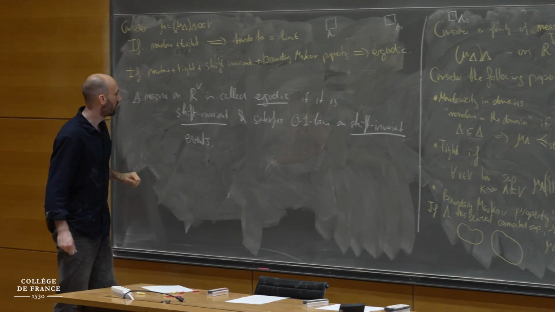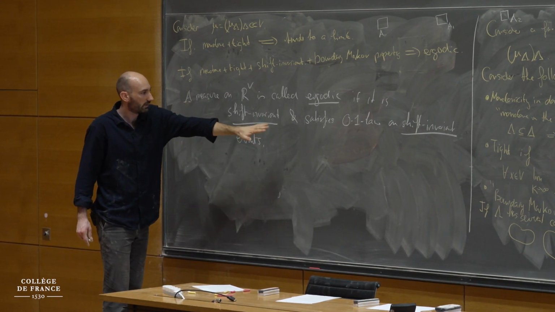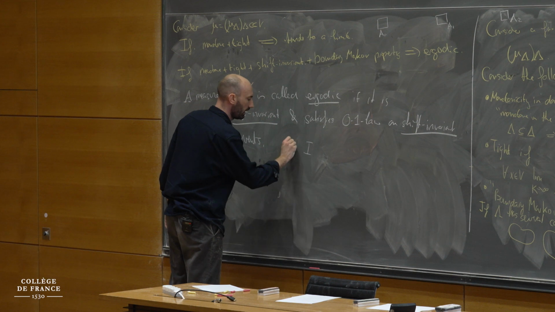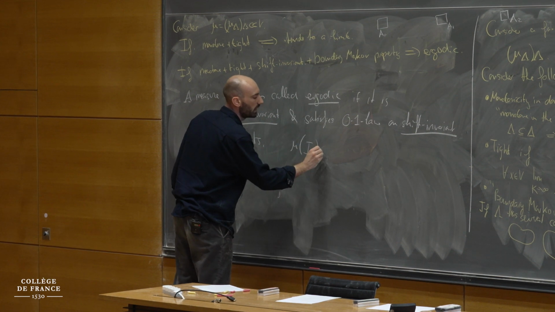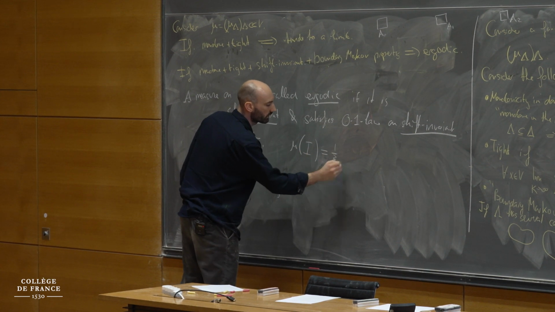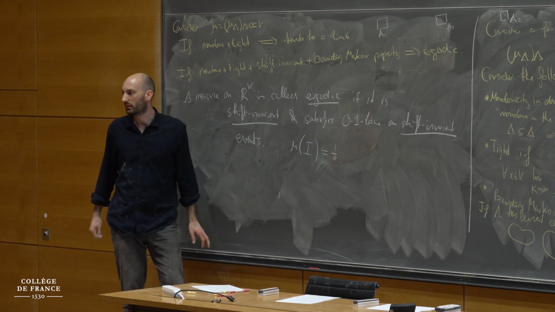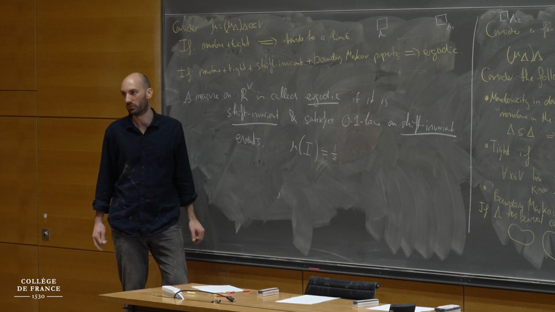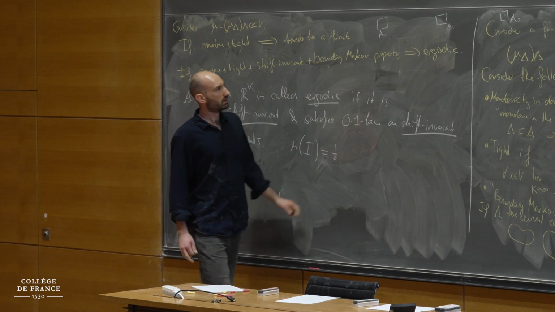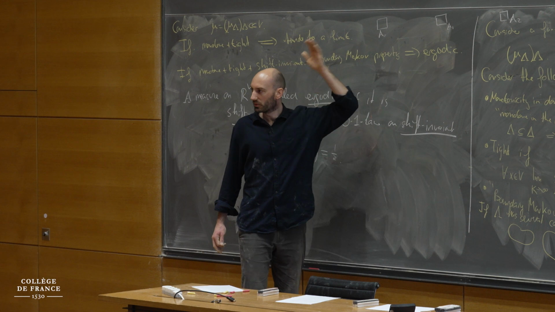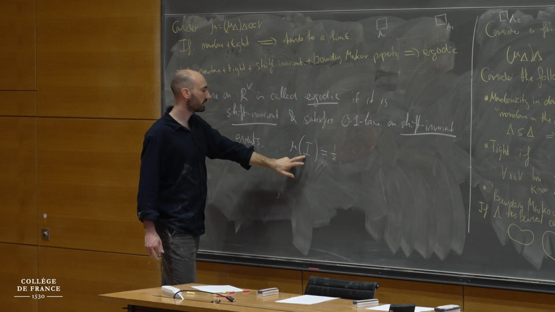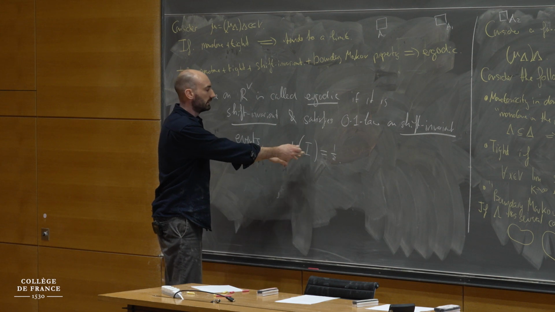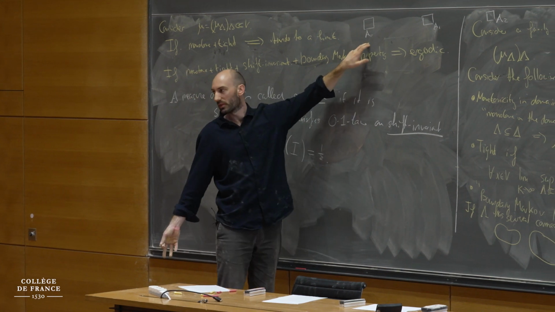On the other hand, I have some event which is shift invariant. Let's call this event I, and maybe mu of I is something like 1/2. But in any case, it's a fixed event with a fixed probability. Now, by definition of changing the law, this is positively correlated with what happens in A0.